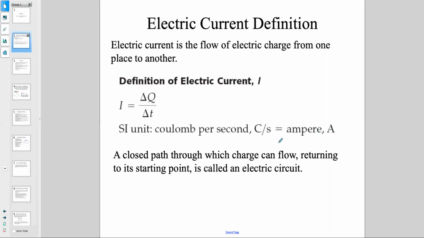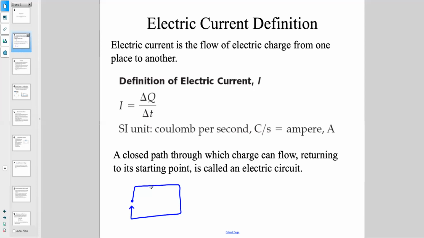The closed path through which charge can flow, returning to its starting point, is called an electric circuit. So if I start from this point, all of my charges are flowing this way, going all the way and coming back to the same point that they started. I call it a closed circuit, or a circuit.